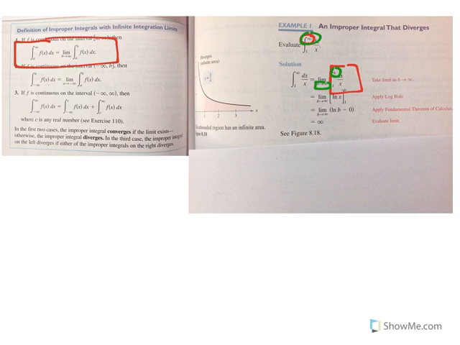And we're going to evaluate this limit, and here's the key part. If this limit exists, we say the improper integral converges. If this limit does not exist, we say the improper integral diverges. That's what you have to do.